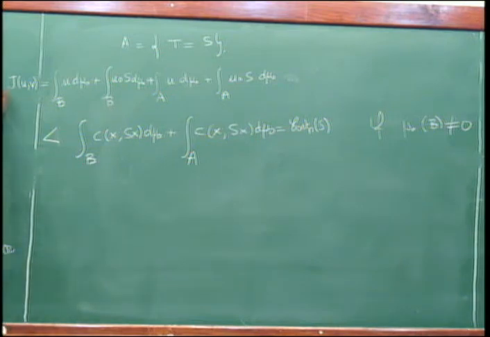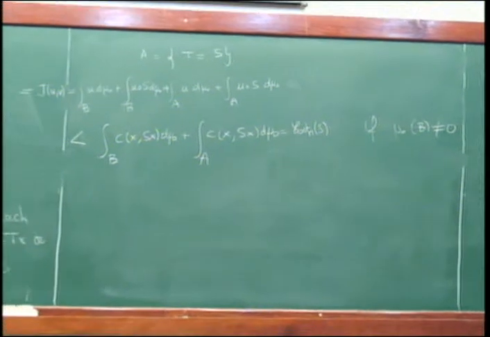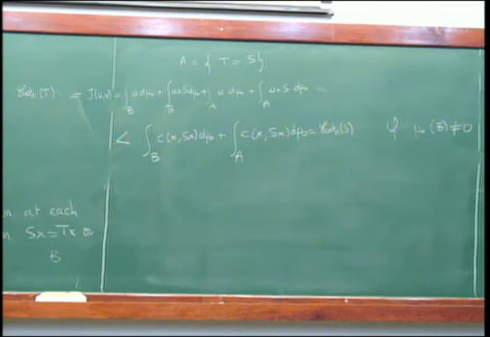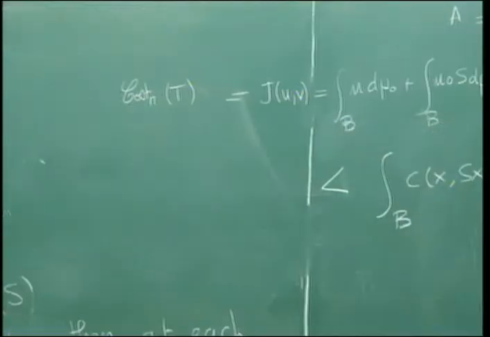But J of (U, V) is the Monge cost at T. And so the Monge cost at T is strictly less than the Monge cost at S. This proves uniqueness.